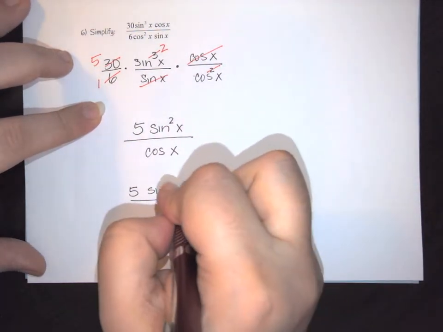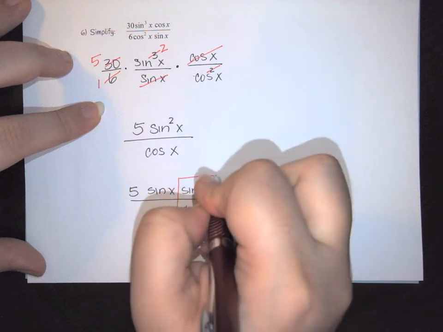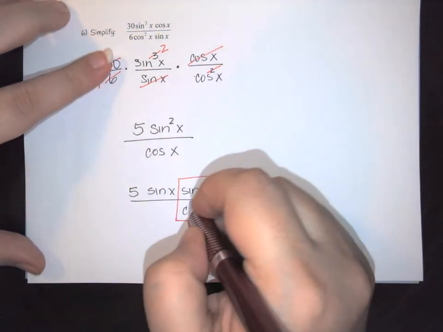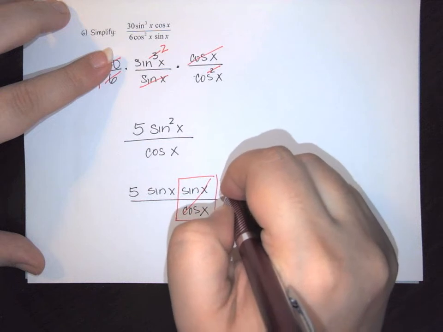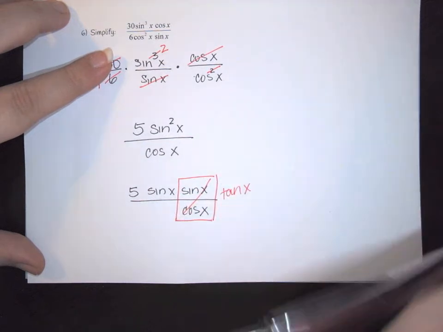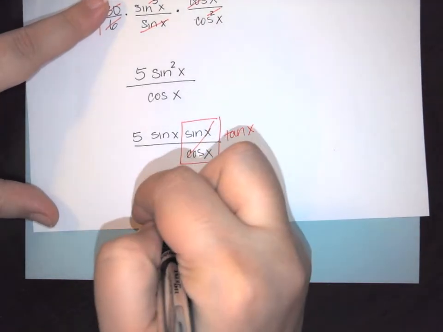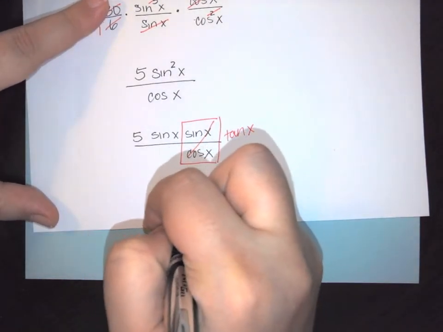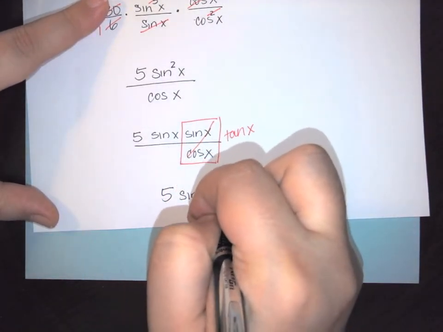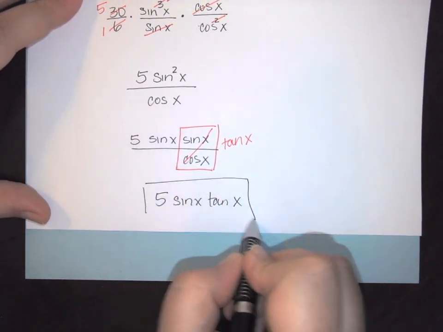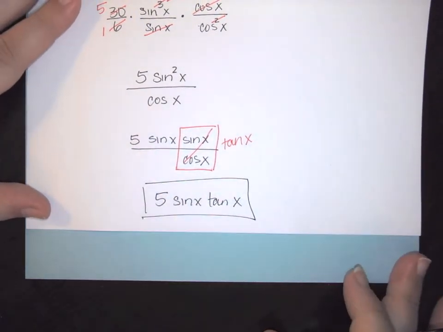If you look right here, you can see I have sine over cosine, which we know this would be translated into tangent of x. So what I really have is 5 sine of x tangent of x. And this is my simplified result.